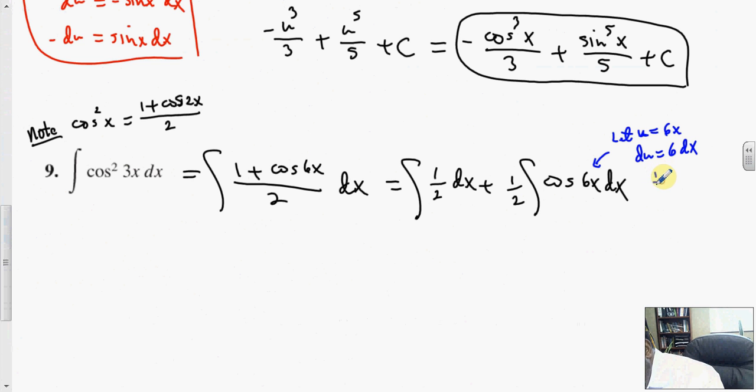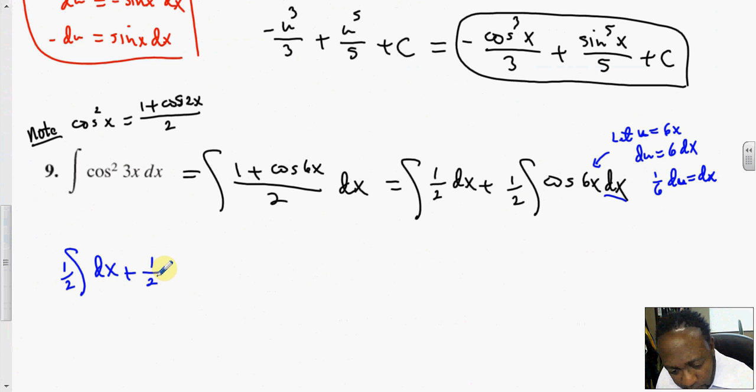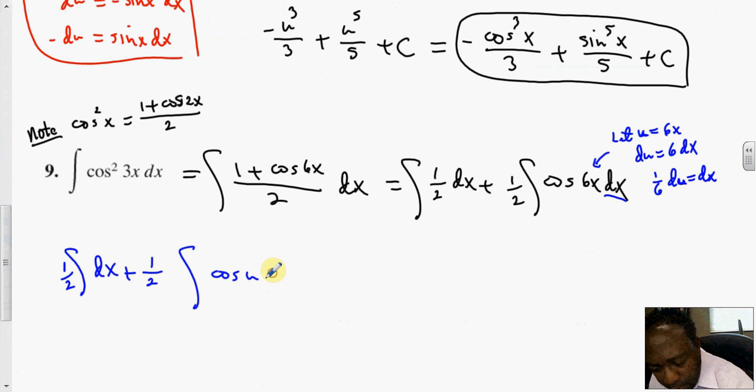And so 1 over 6 du represents the dx. So the dx here is going to be represented by the 1/6 du, and this is going to be cosine of u. So we have, again, the integral of 1/2 dx plus 1 over 2 times the integral of cosine u, and then the du divided by 6 represents the dx. So we just say 1/6 there.